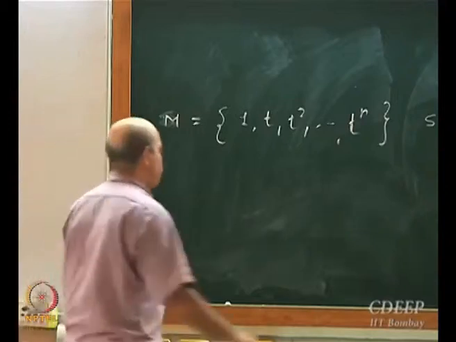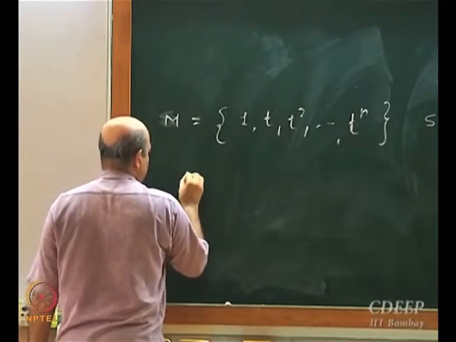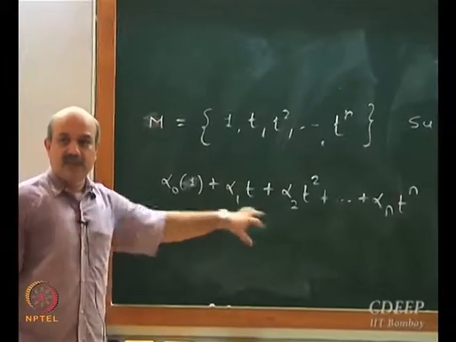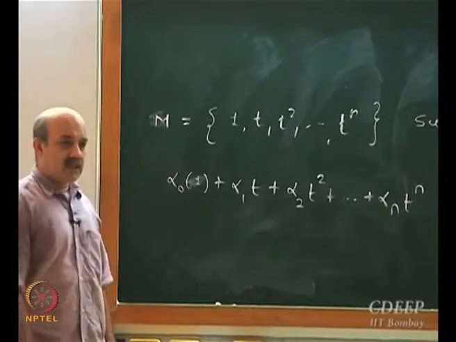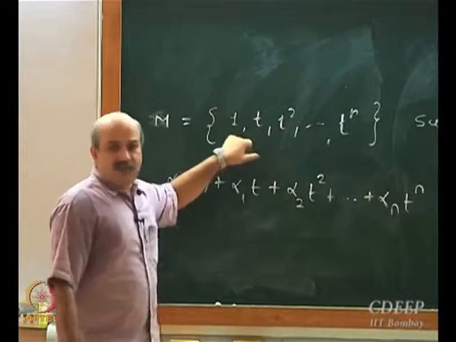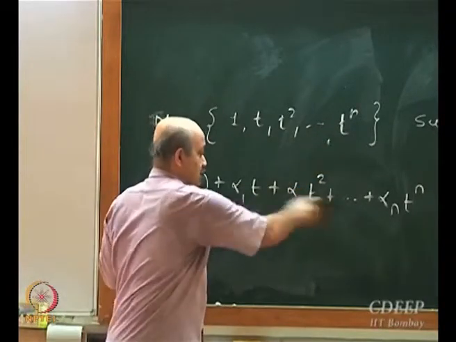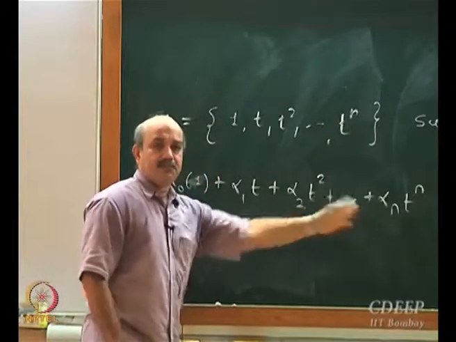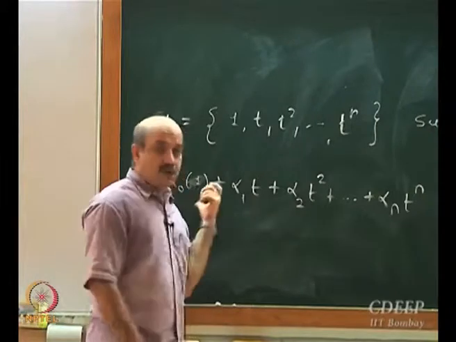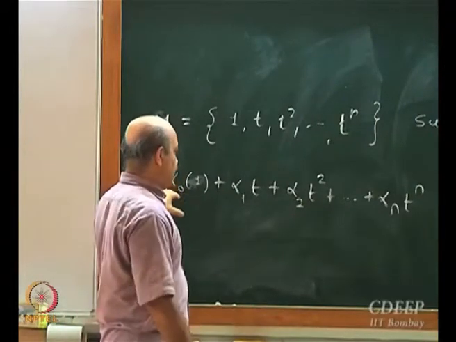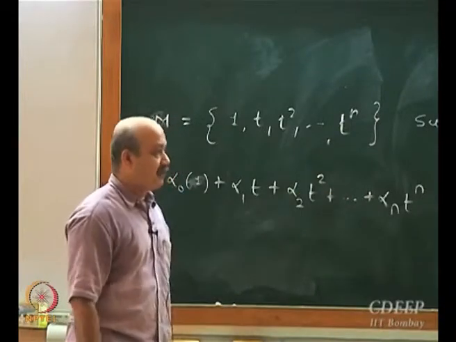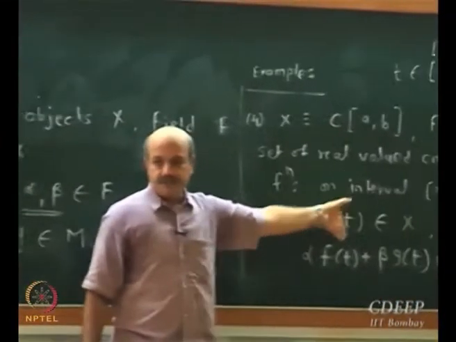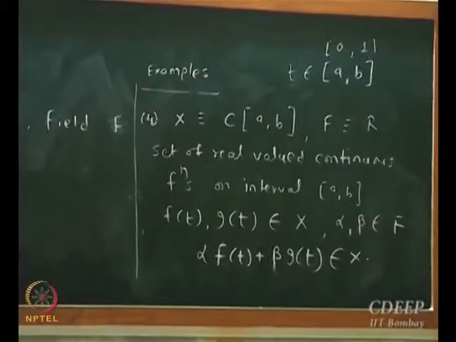Will this combination also be a polynomial? This is an nth order polynomial. I am visualizing each one of them as an nth order polynomial with some coefficients possibly 0. So this particular set of all possible polynomials, with any alpha 1 to alpha n from the field, will form a subspace of this vector space, because these are continuous functions.